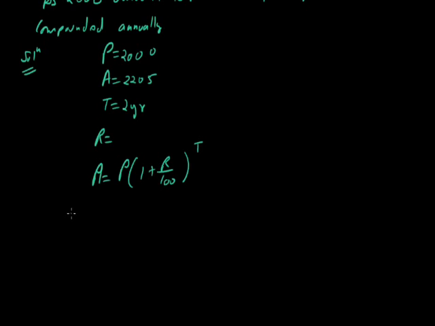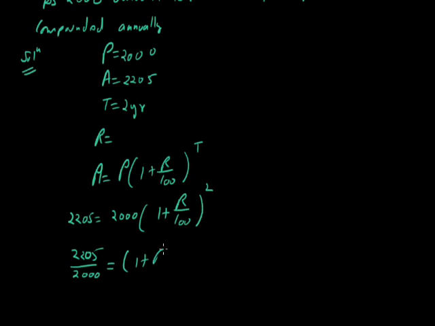So the value of A is 2205, the value of P is 2000, and R we don't know, raised to the power 2. So we shift 2000 to the left hand side, so it becomes 2205 by 2000, which is equal to (1 plus R by 100) raised to the power 2.